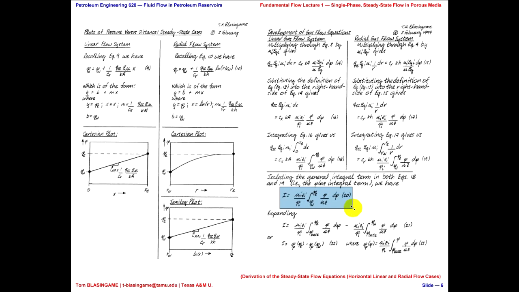Okay. So who defined pseudopressure first? Was it Russell Goodrich et al., or was it Al-Husseini, Ramey, and Crawford? It wasn't just Muscat.